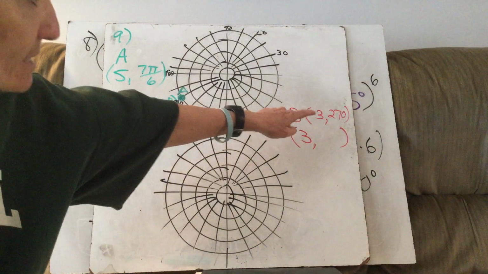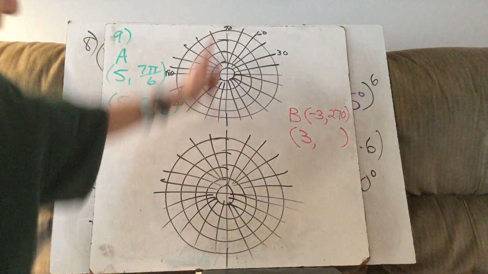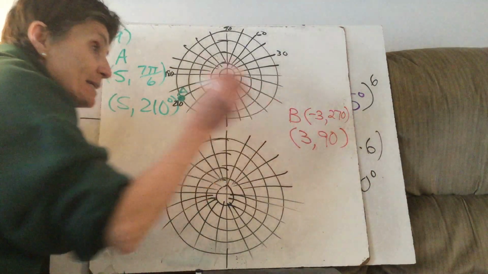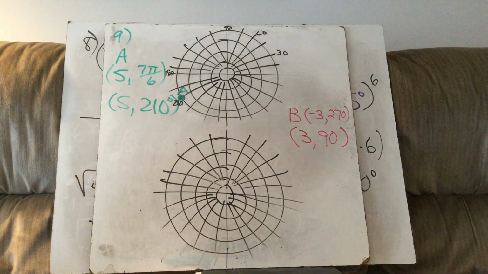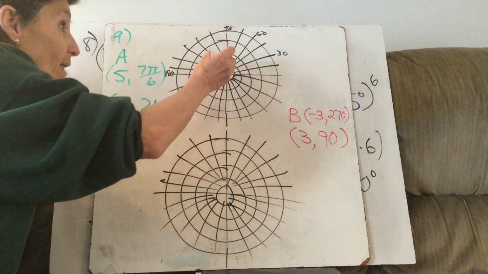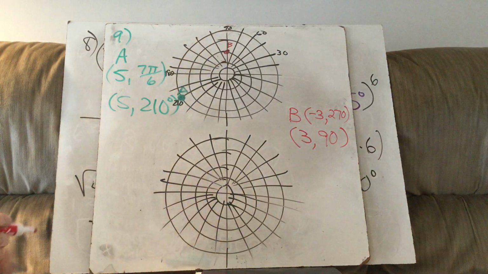This one's really easy to see. 270 would be straight down. If you have to go the opposite, you're going to go straight up, 90. 270 minus 180. You change your angle by 180 degrees. So it becomes 90. So we're on the 90 line, third circle out. There is point B.